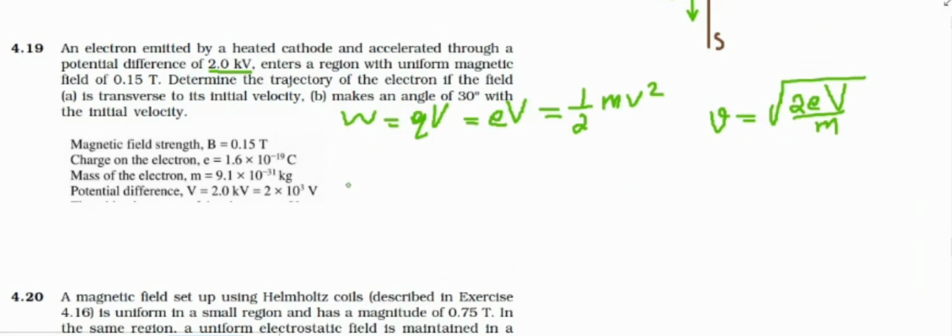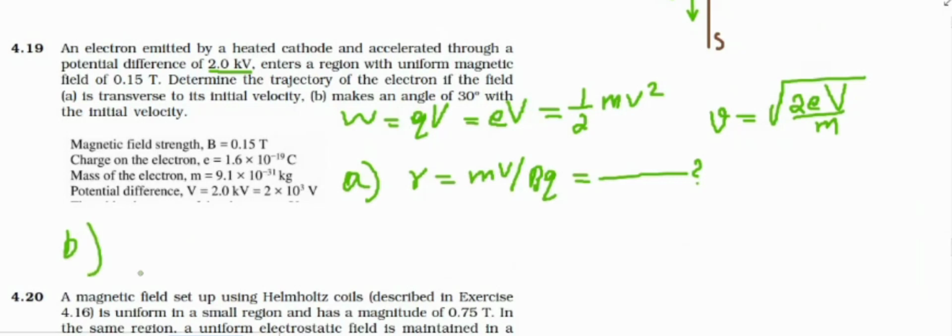And in case A, we have seen the particle follows a circular path, so that r is equal to mv by bq. You will get the answer for the radius of the circular path. And in case B, it makes an angle of 30 degree with the initial velocity. So as it makes an angle other than 90 degree, it follows a helical path.